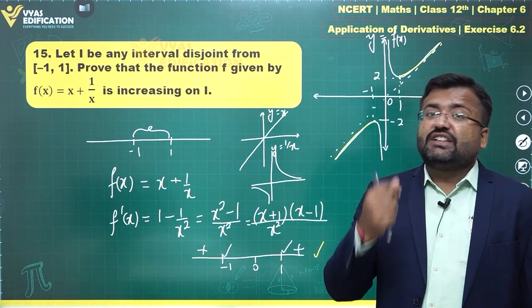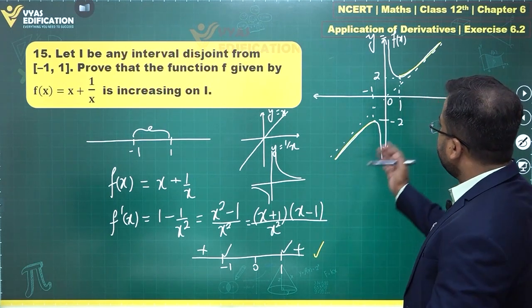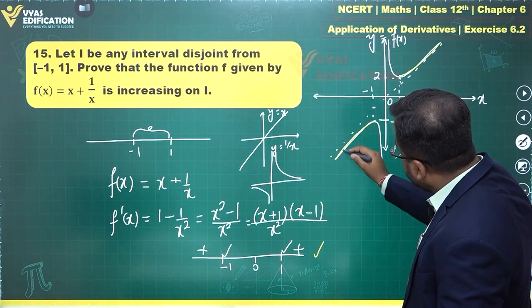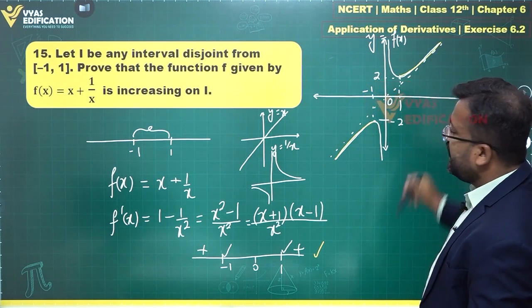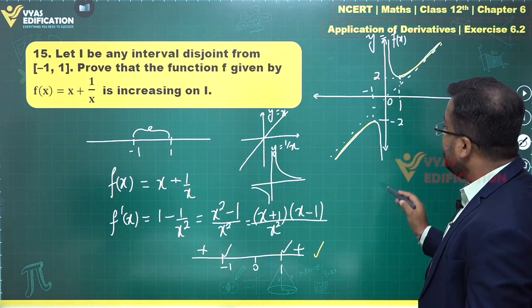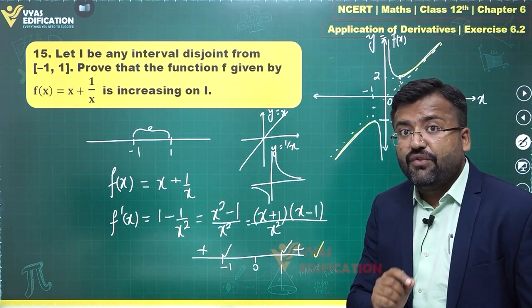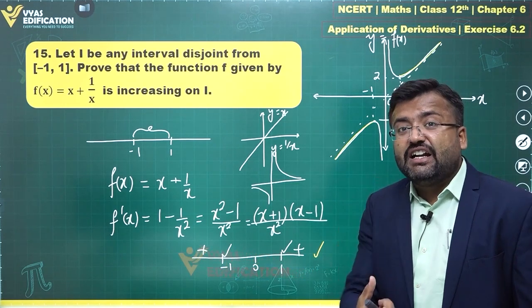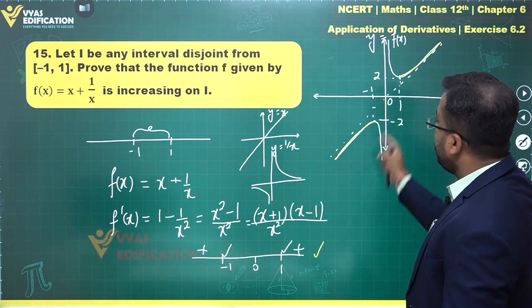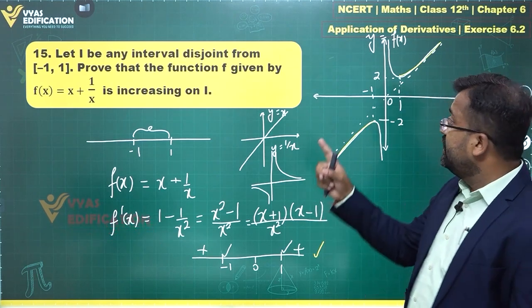One very crucial thing which you should note over here is that an interval can be taken on this branch only, or on that branch only. You can also take an interval which comprises partly this branch and partly this branch as well. And for that interval also, if it is just disjoint from -1 to 1, the function will be increasing.